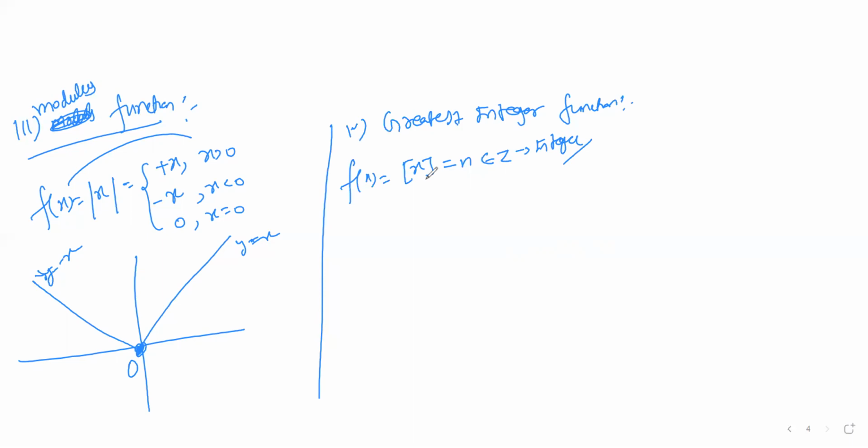So for the definition of this greatest integer function, if you are going to find out 0.5, you will get 0. Whatever the integer value, you write that. Or else if it is minus 0.5, then what will be the answer? You need to select minus 1, the lesser value. Don't go for the next one. 0.5 lies between 0 and 1, correct? So I will select the least value.